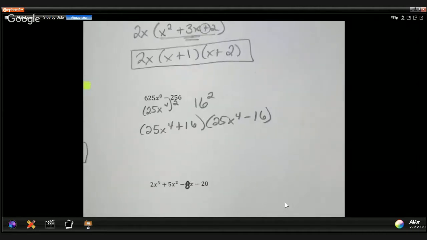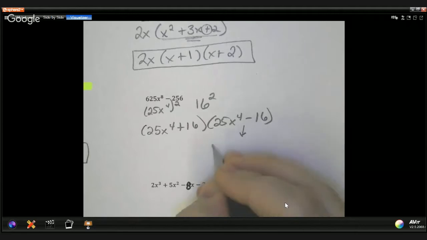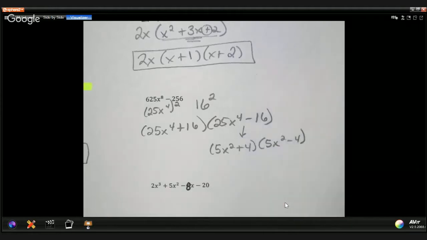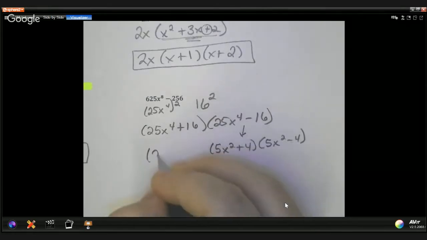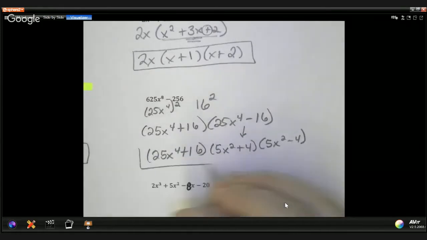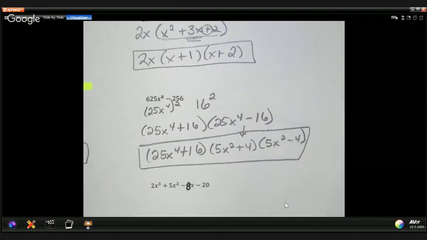Well, the one that adds, you can't factor anything out, but this is a difference of squares here. So this one becomes 5x squared plus 4 and 5x squared minus 4. I can't factor the plus, and I can't factor the minus because 5 is not a square. And so now I'm just going to bring my first factor down, and that's the answer.